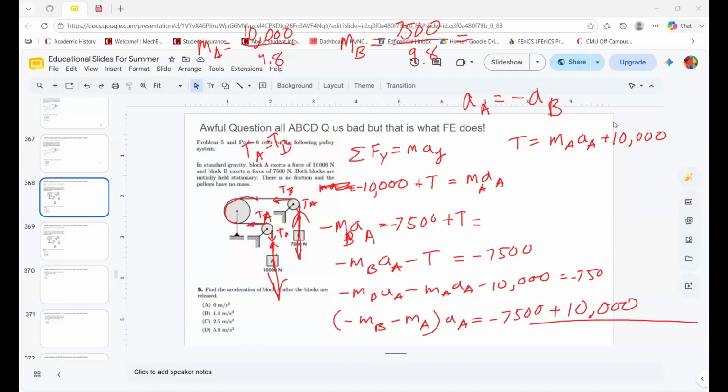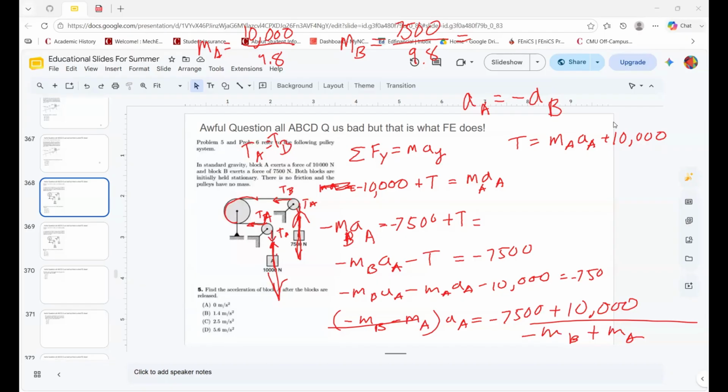You can divide both sides by mb plus whatever the mass is. So let me just grab my calculator. Division: minus 7500 plus 10,000 negative m, which is division of whatever this is.